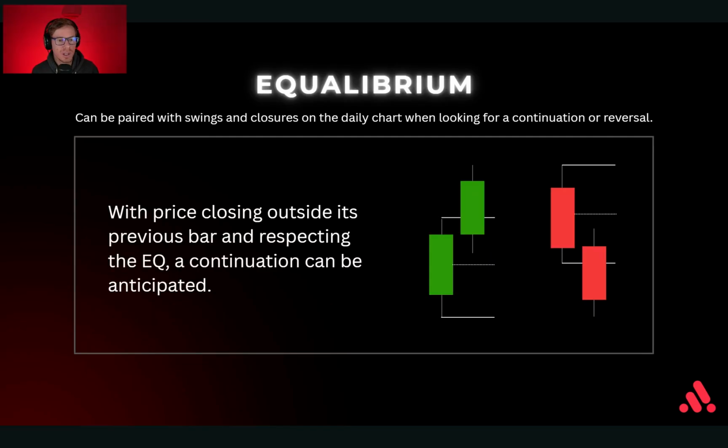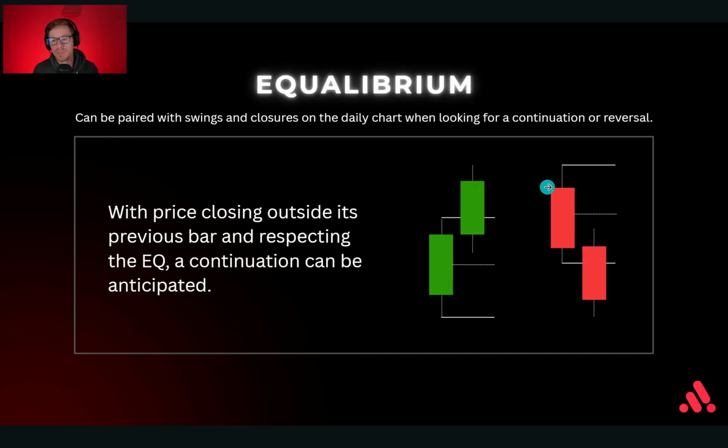We can use equilibrium to pair with swings and closures on the daily chart when looking for continuation or reversals to occur. With price closing outside its previous bar and respecting the EQ, a continuation can be anticipated. So you can see over here, if we've got the second bullish candle closing outside the high of the previous candle, we can mark the high and the low of that candle, mark out the equilibrium level, and we can anticipate we want to enter our long position within the upper half of this 50% EQ level.